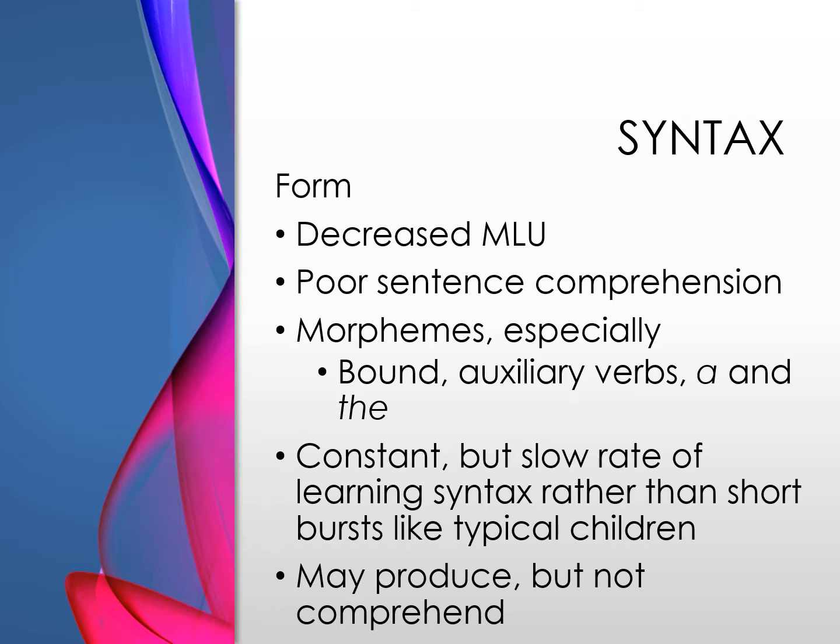And I said it again, why do you have dogs? And he said, I feed them. I said, yeah, that's what you do with them, but why do you have dogs? They go outside, he said. So he did not understand the question, even though he could say it. So that's one of the funny things about syntax in a child with learning disabilities. They can repeat something often, but they don't understand it.